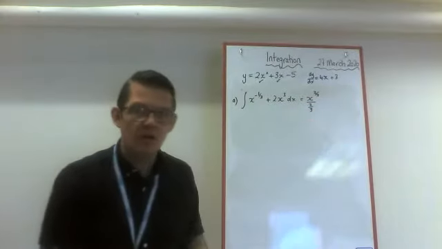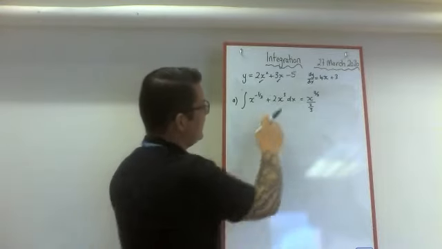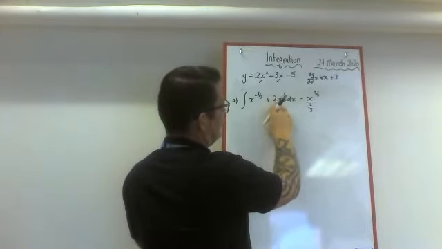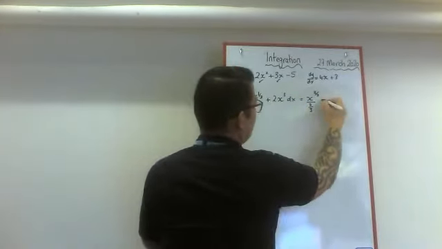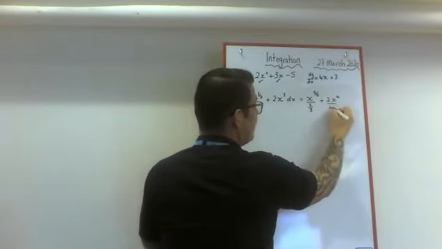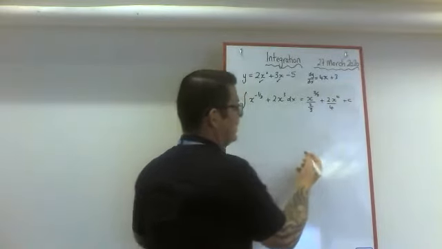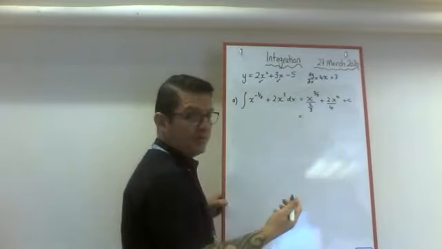Notice I am not simplifying at this stage. Next term, 2x cubed, add 1 to the power, so it's a positive 2x and it becomes a 4. And I divide by my new power 4. And then I add a c. At this point I can simplify.